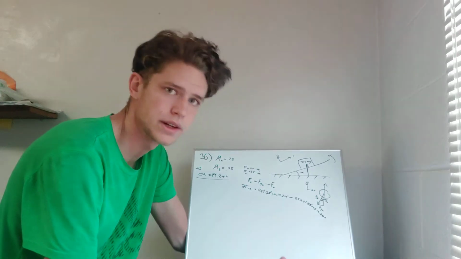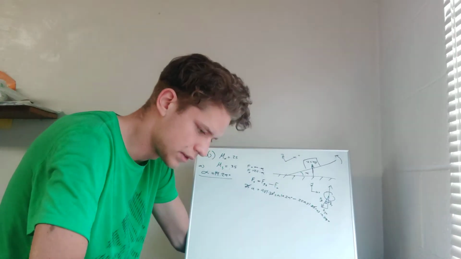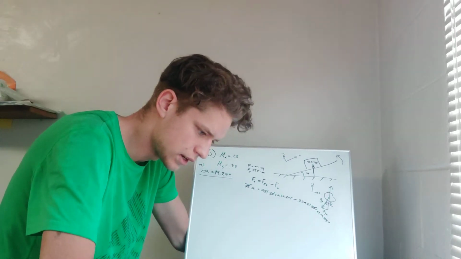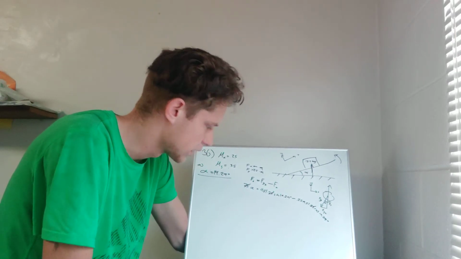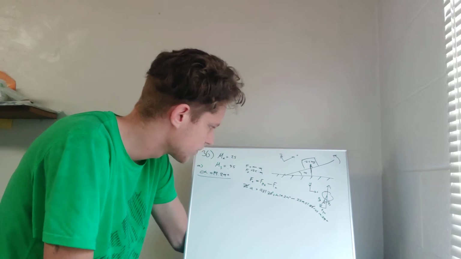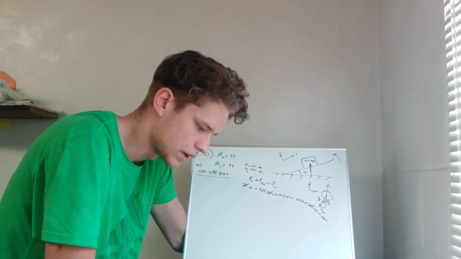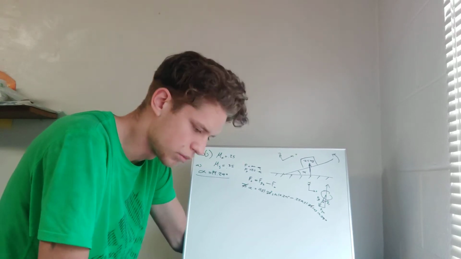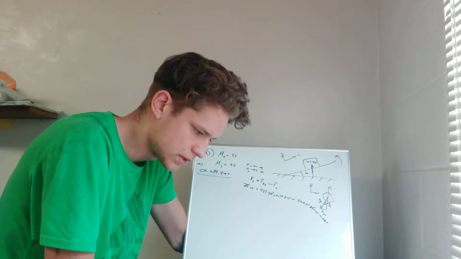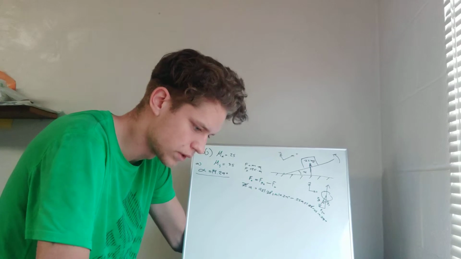I'm going to just type that in real quick just to be safe. So you have 9.81 times the sine of 19.29 minus 0.25 times 9.81 times the cosine of 19.29.